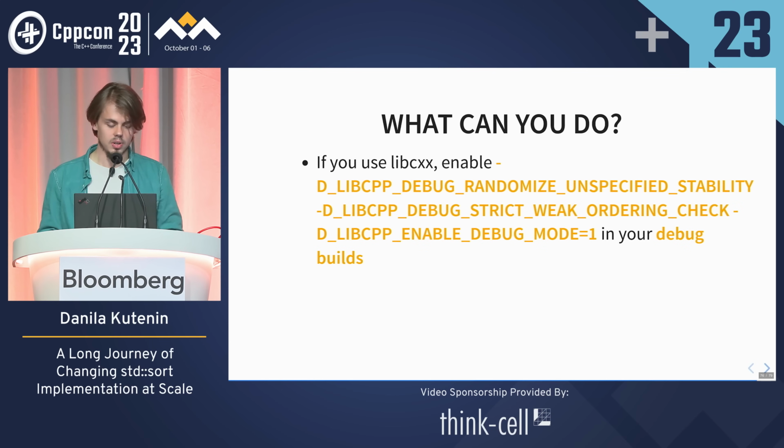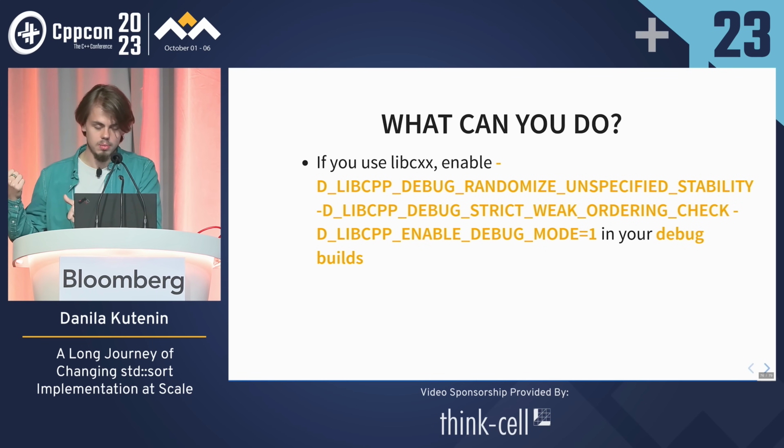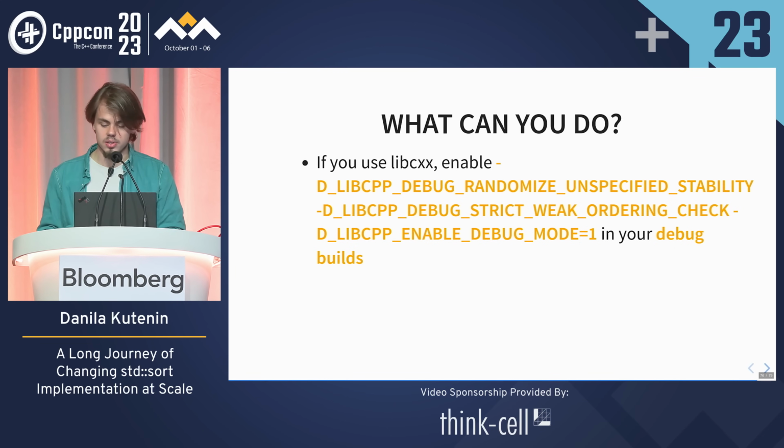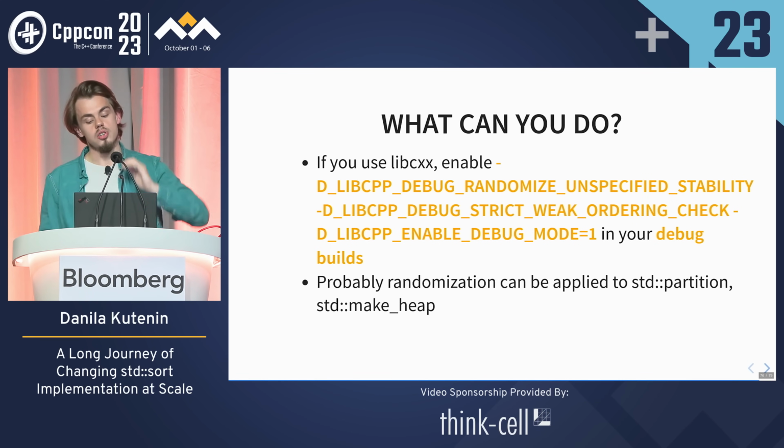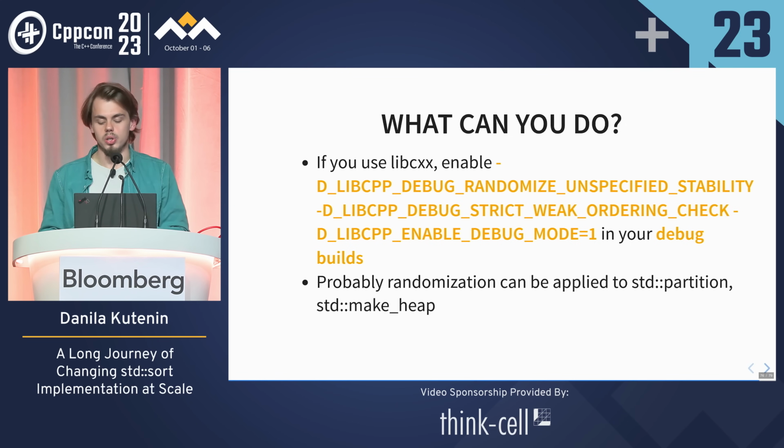Okay, what can you do? Use these command line flags if you use libc++, because they enable randomization checks and strict weak ordering checks. Probably you can add randomization for other algorithms, like std partition or std make heap.